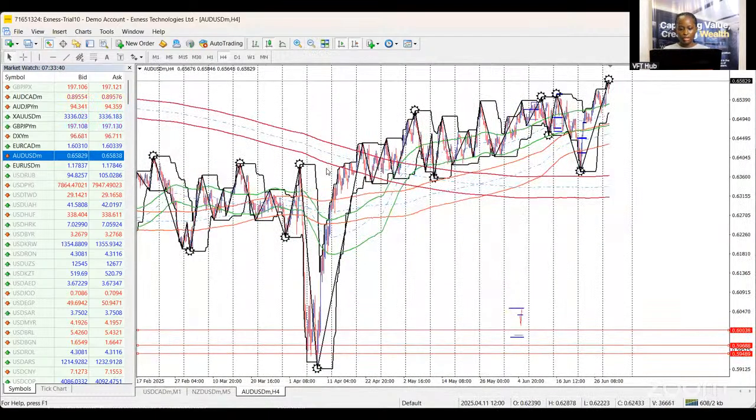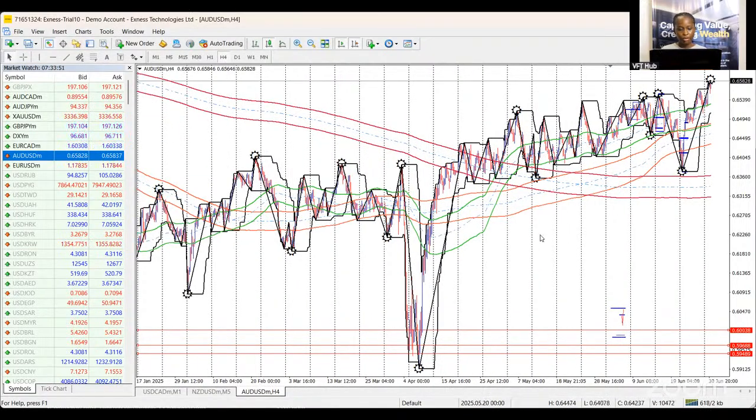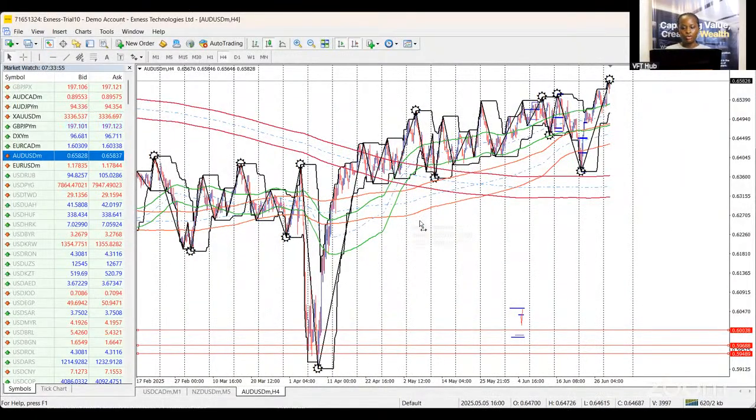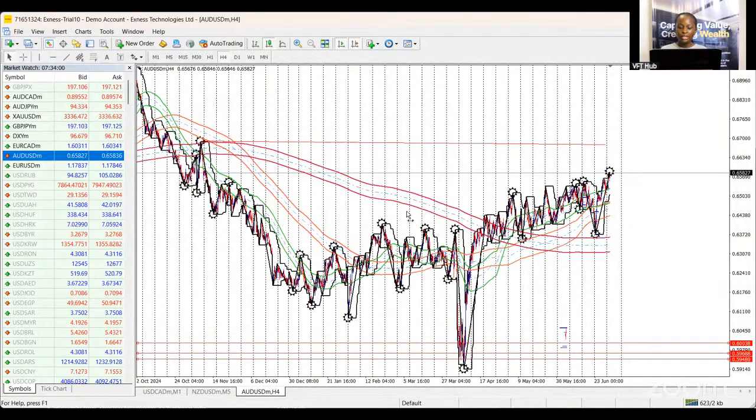So AUD USD, what are we saying? From the 1st of April up till now, we've been seeing consecutive buys on this particular asset class. And this is the highest we've seen since the 1st of April. This is the highest we've seen AUD USD to the upside, right? So if I'm looking at this now, I'm looking for buy opportunities to continue this move. However, I also need to be sure of where AUD USD is buying into.